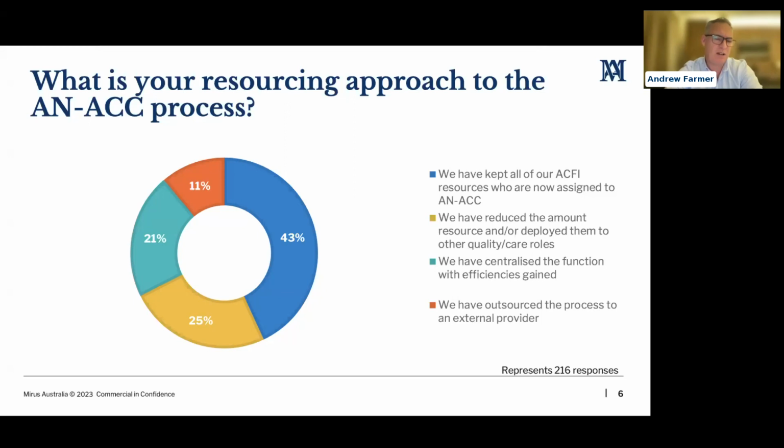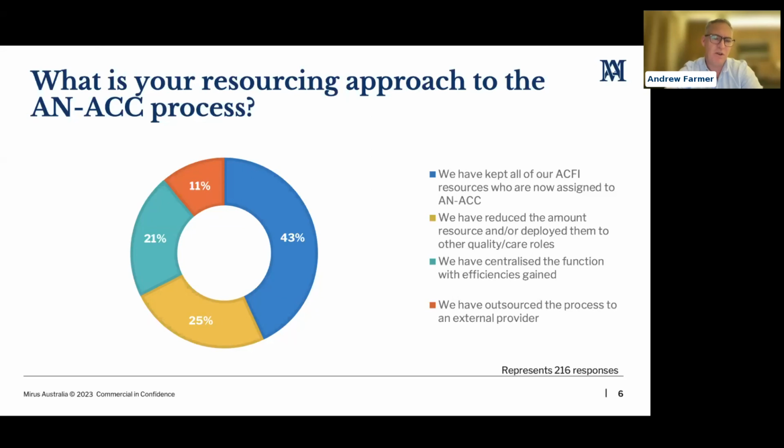Centralization, some people have taken advantage of that. AN-ACC definitely lends itself to some centralization and even to outsourcing, which is the fourth category, because it's being driven by an independent assessor, and that independent assessor doesn't know your resident as well as you do, so they rely quite heavily on what they can see, what they can gather by talking to staff, but also what they can see from the documentation that's provided.